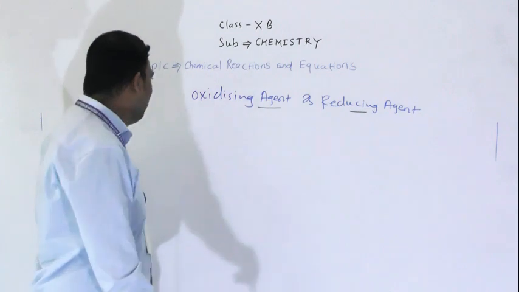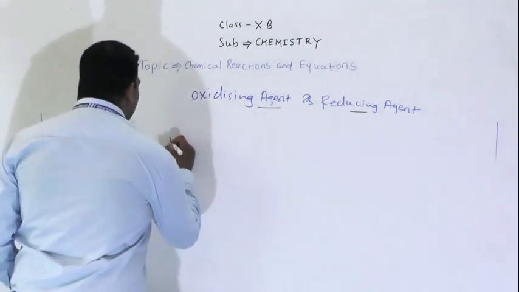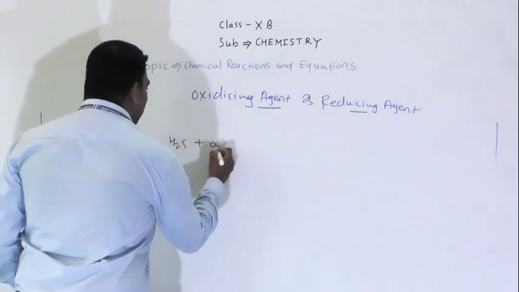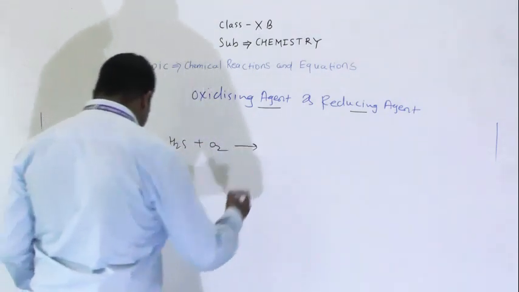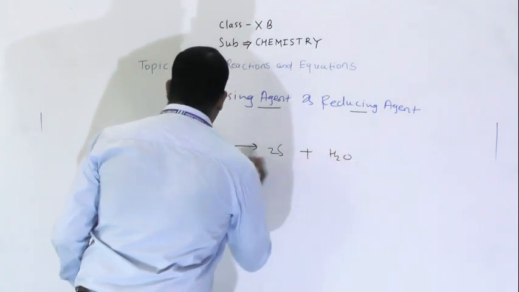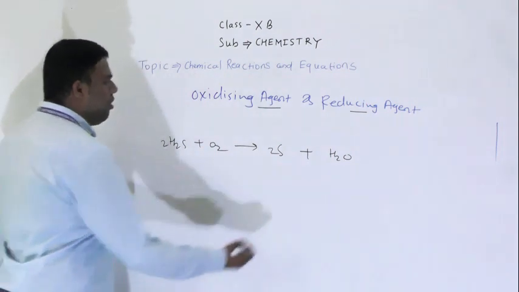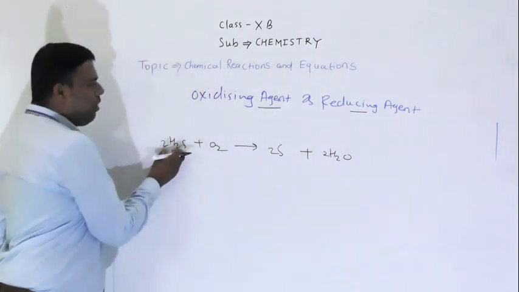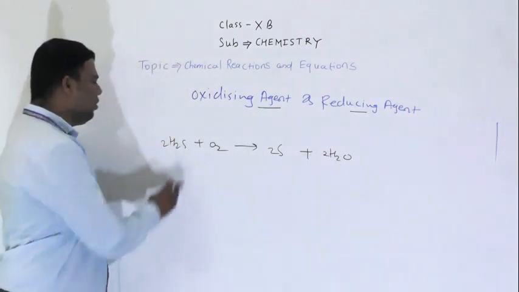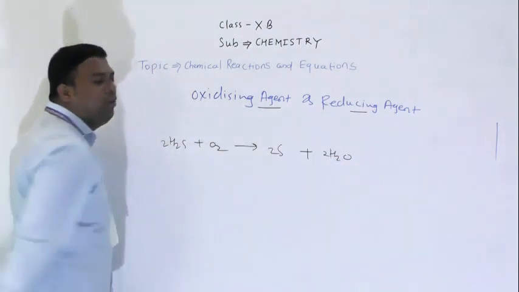So here we are writing one example: H2S plus O2 gives sulfur plus H2O. For balancing, take 2. So see whether our reaction is balanced or not: 4 hydrogen, yes, here also 4 hydrogen; 2 sulfur; O2, yes, here also O2.